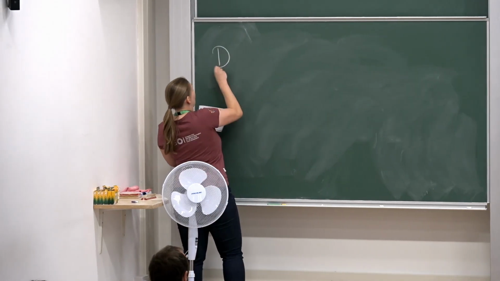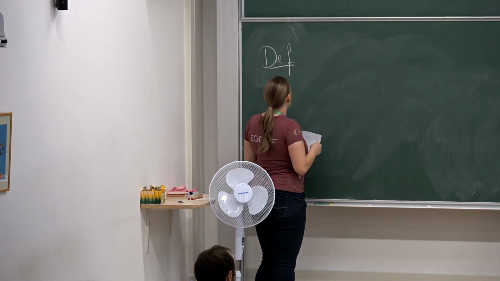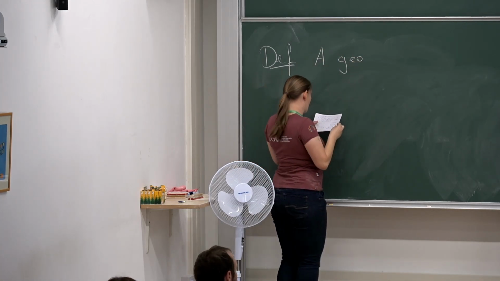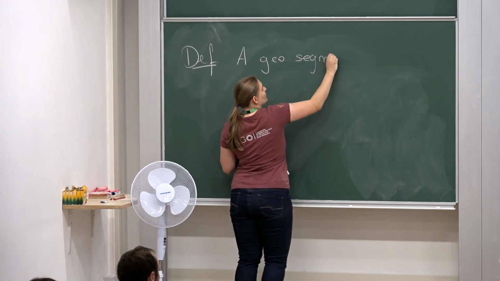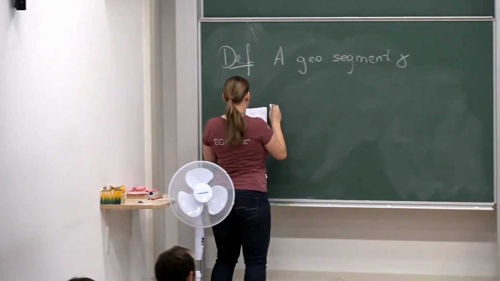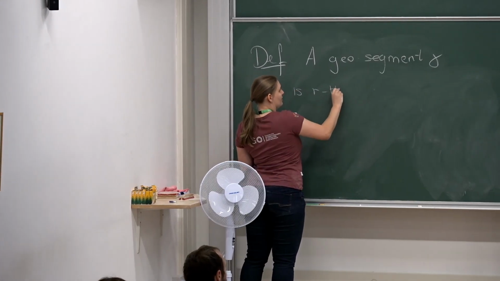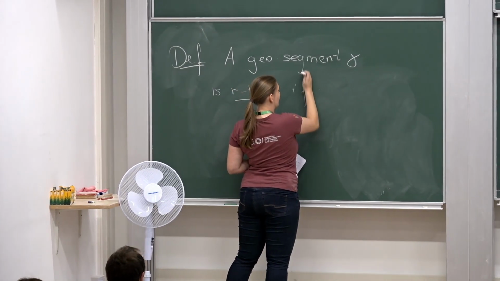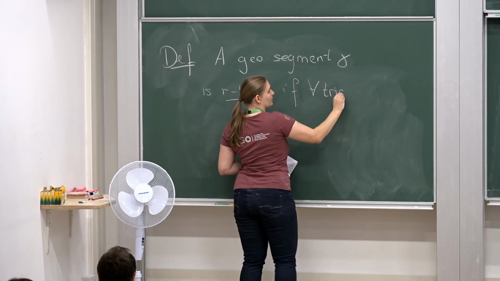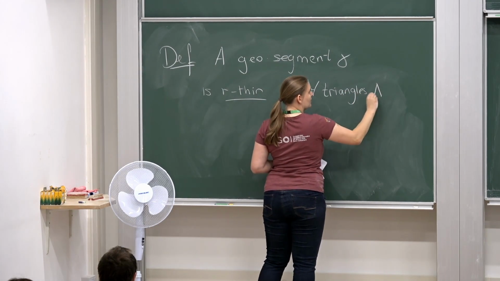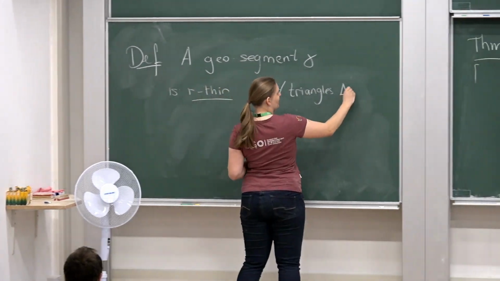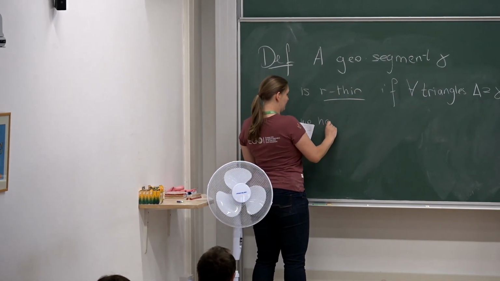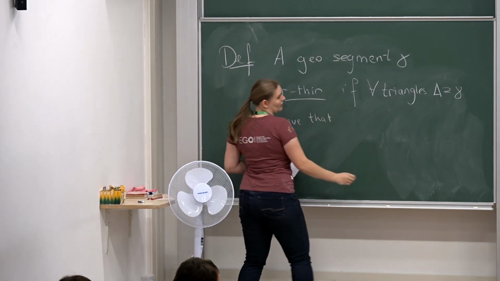So first, we need a definition. It says a geodesic segment gamma is R-thin if for all triangles delta, where one side of them is gamma, we have the following.